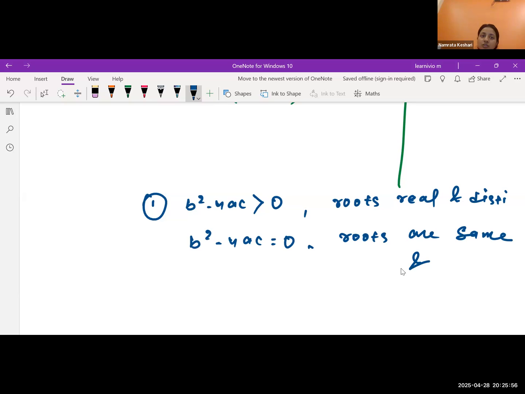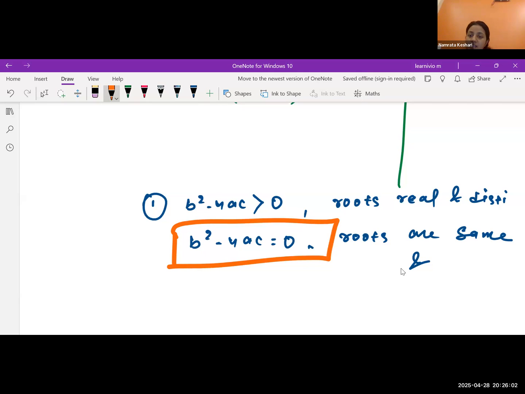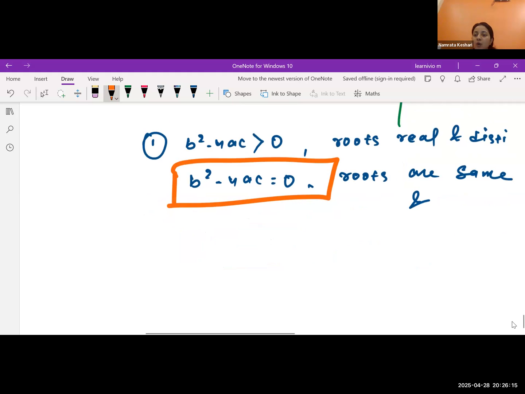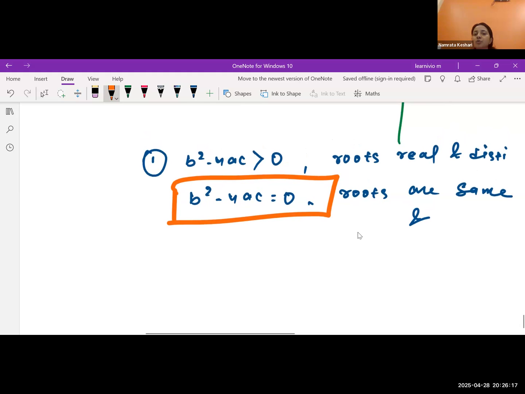So this question is talking about this case. When it is written in the question that roots are same, real and same, you just need to pick this scenario. When the roots are same, that means b square minus 4ac is equal to 0. Here you will substitute everything and automatically you will end up getting your proof.